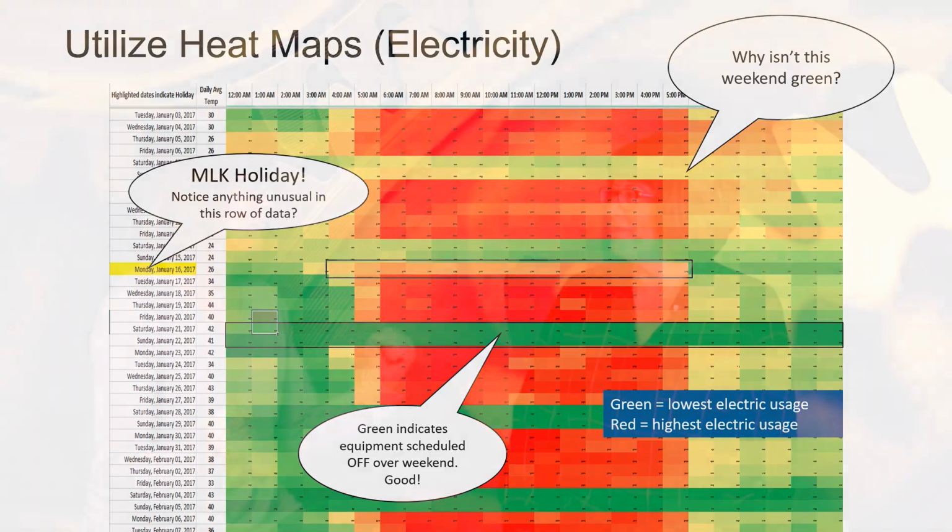That's what I love about heat maps. This is excellent information, Karen. How can someone take action based on what the heat map tells them? Do they need any technical skills? Oh, Marty, this is what I love about heat maps: you don't need to be technically skilled to interpret a heat map. It's a great tool to verify that the actual operation and energy use matches your desires and assumptions.